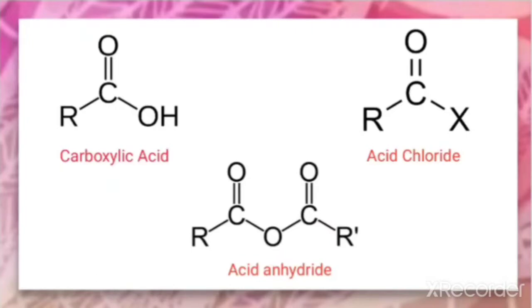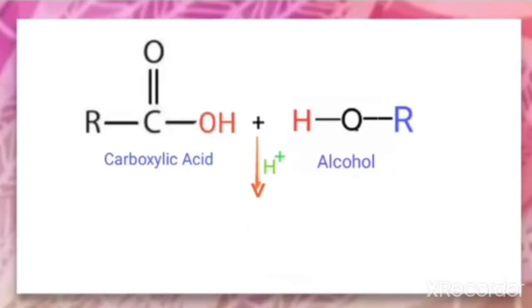Now let us do the reaction between the alcohols and phenols with these, which results in the formation of ester. First one, reaction between alcohol and carboxylic acid, as the structures are given here. That is alcohol and the structure is carboxylic acid.